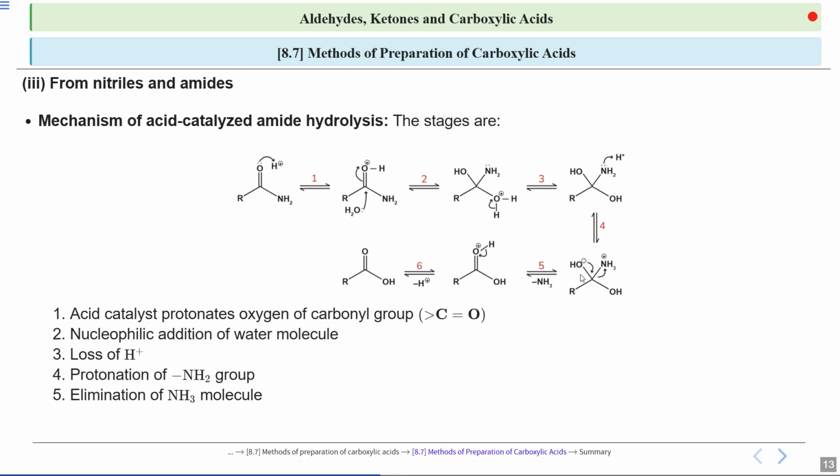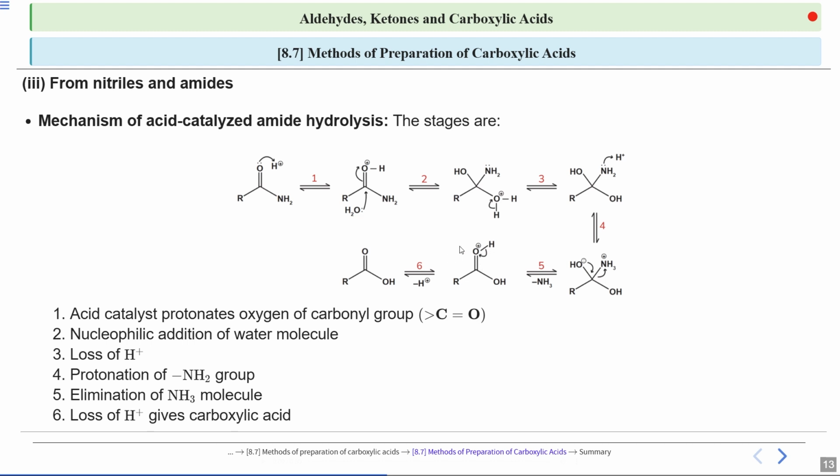And what will happen in the next step? Finally, we have a loss of another hydrogen ion, which results in the formation of the carboxylic acid. The oxygen of the hydroxyl group has a lone pair, so this lone pair forms a carbon-oxygen double bond, and the NH3 group leaves from here.